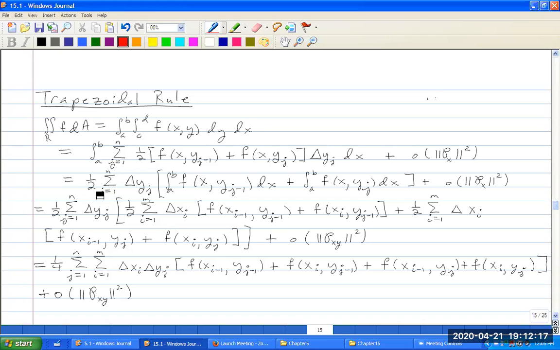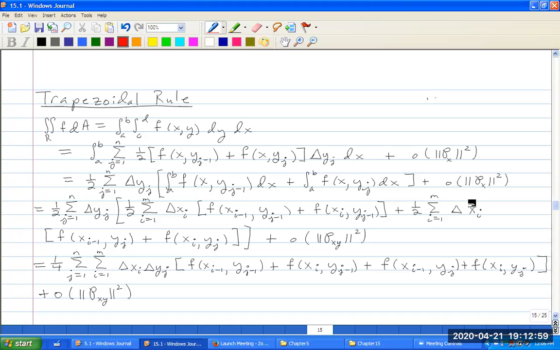So this is 1/2 sum j equals 1 to n of delta y sub j, I'll just bring that out, the integral from a to b of f of x, y sub j minus 1, again integrating with respect to x, plus, well, these have all the same terms, so I don't have to worry about that, plus the integral from a to b of f of x comma y sub j, plus little o of the square of the mesh for this particular partition.